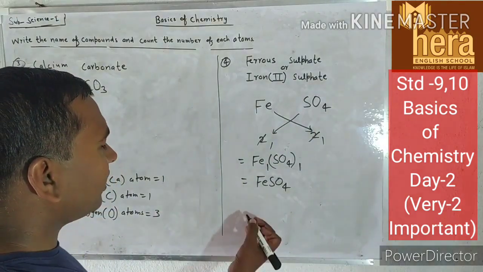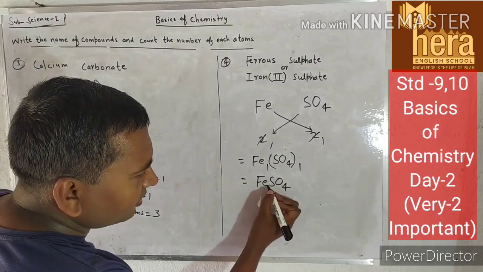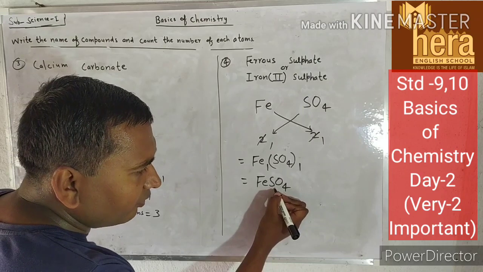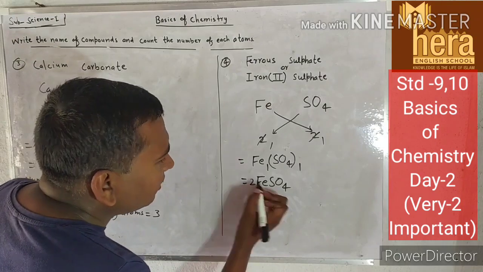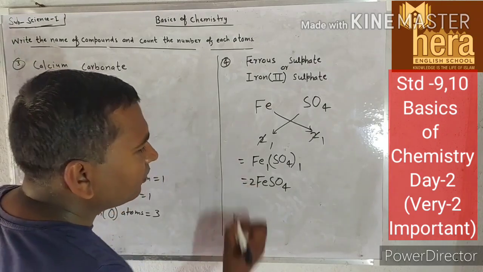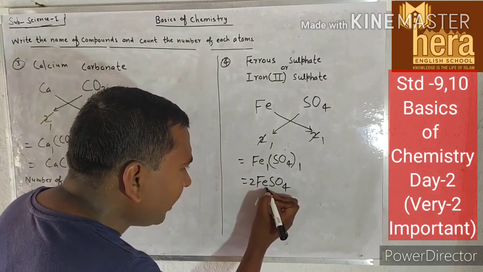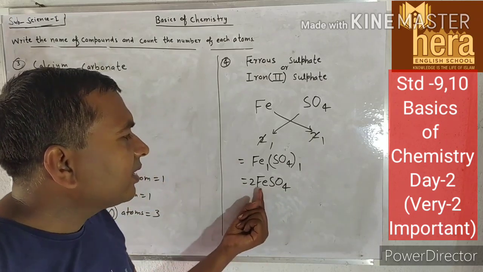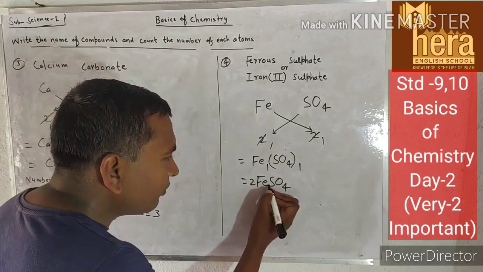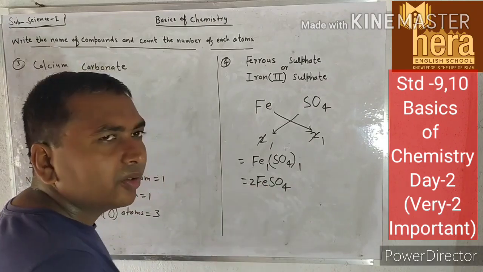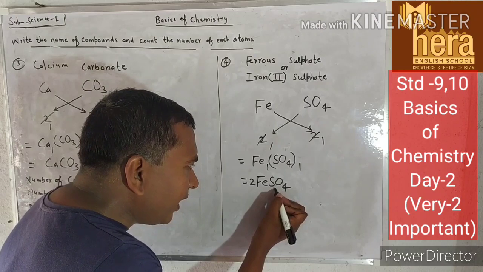Okay. Right here, number of iron atom. Here iron atom is 1, sulfur atom is 1, oxygen atom is 4. Okay, if I say there is 2, here is 2. In case of, see, here is 1. So 1 into 2, it means in this compound iron atom will be equal to 2. Here is 1, 1 into 2.